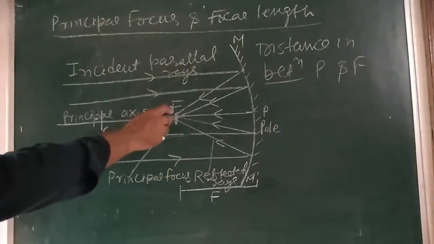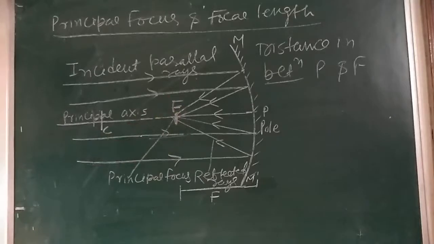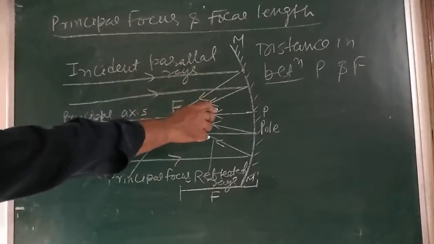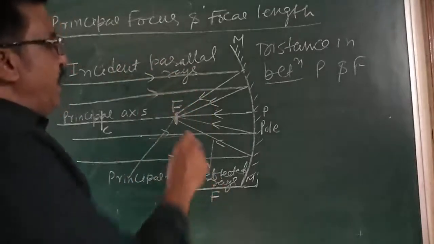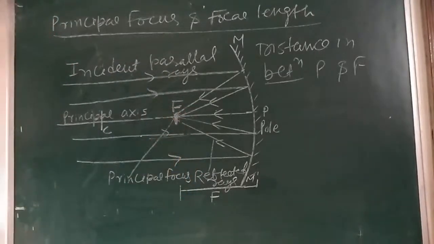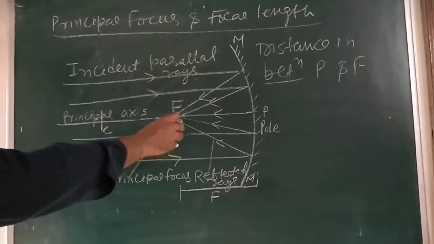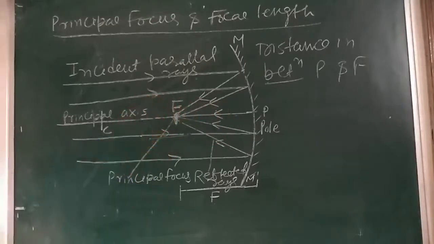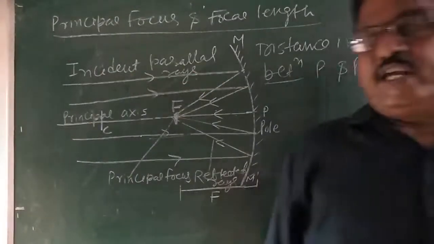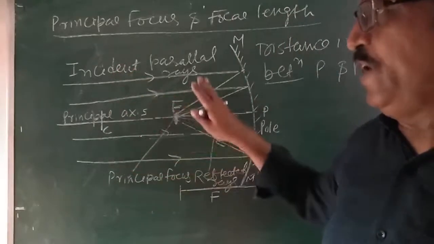The principal focus of a concave mirror is represented by a capital letter F. So parallel rays falling on a concave mirror get reflected and meet actually at F of a concave mirror. It is a real point. It lies always in front of a concave mirror. Is it clear? Draw the diagram. And then we can say, dear children, when the rays are parallel to the principal axis, they will definitely meet at a focus.